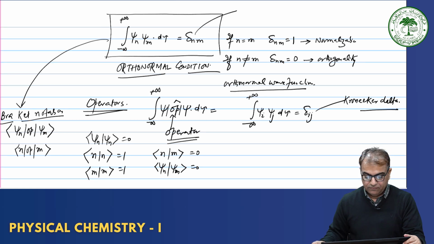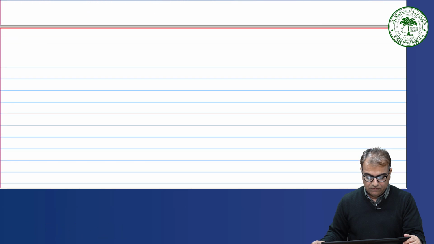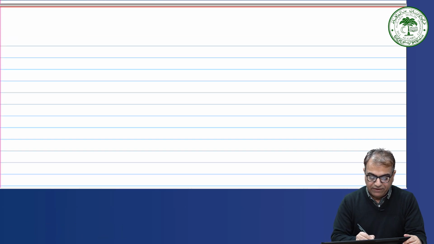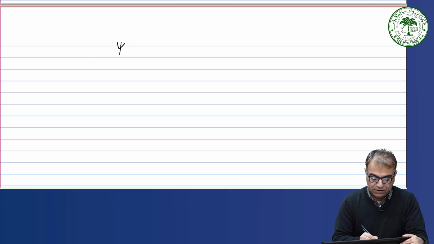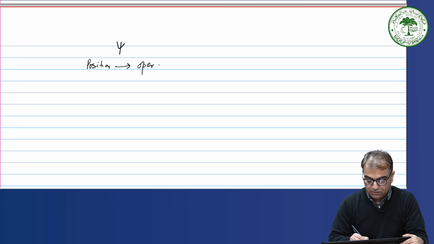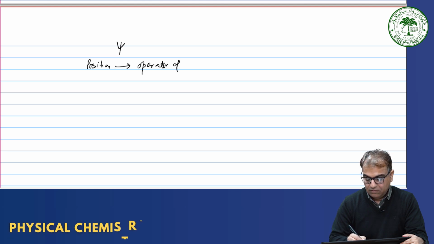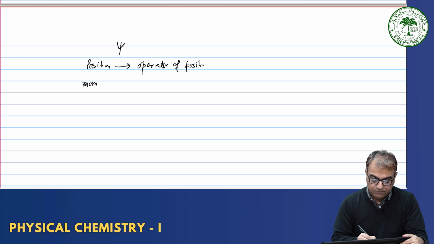So, let us see. If you have a wave function psi known for a system, and it is a normalized wave function, and you have to find out the position, then you will have to find out what is the operator of position. If you have to find the momentum, then the first thing you will have to find out is what is the operator of momentum.